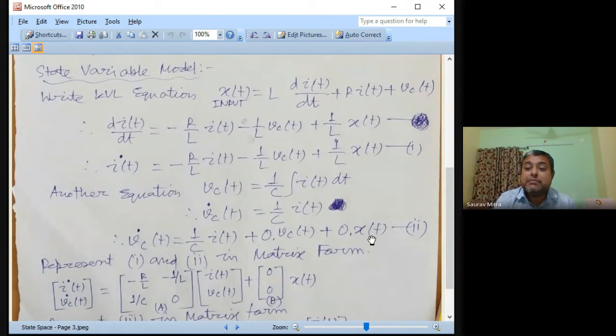Why am I writing this? I am trying to show the differential equation of the second state variable. What is the second state variable? v_C(t). The differential equation of that is dv_C(t)/dt or v_C dot t.